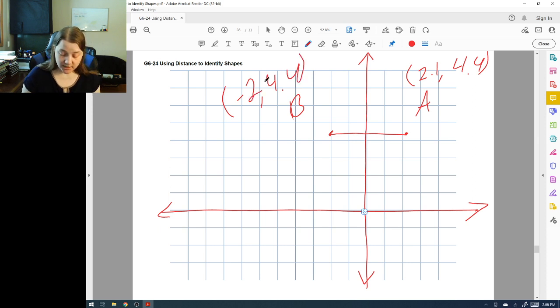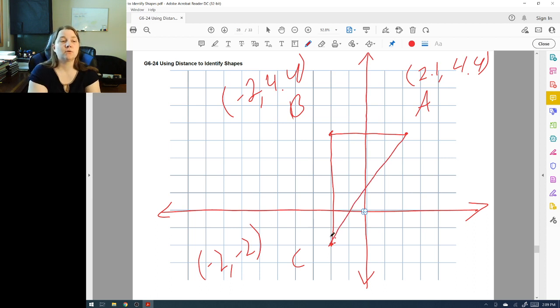Then we're going to go to point C, which is going to be run -2, fall -2. And you can see that we have some points on a straight line, either horizontal or vertical, and then that last connection makes this a triangle.